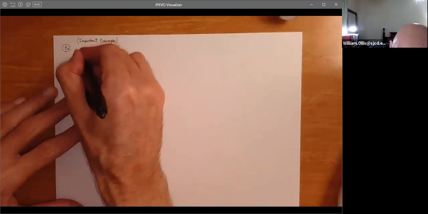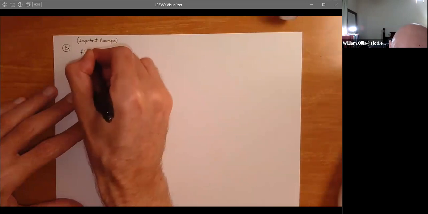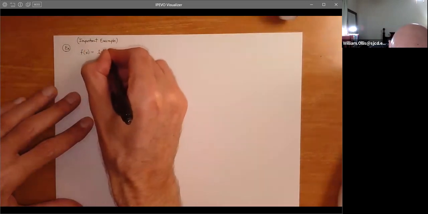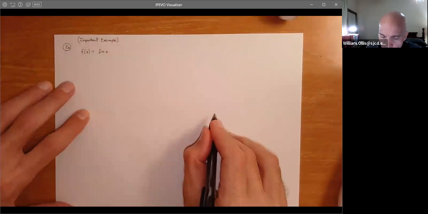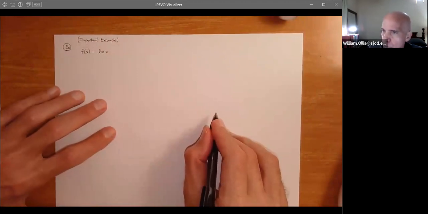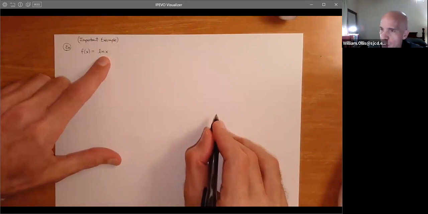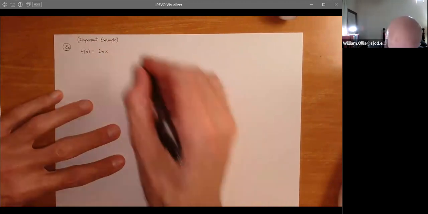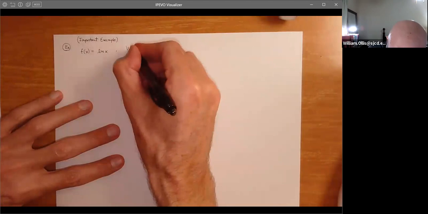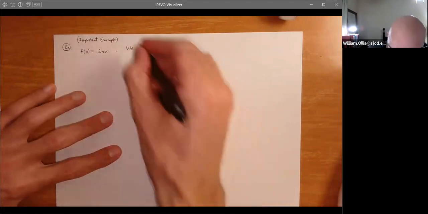So let's look at f of x equal the natural log of x. We know that the natural logarithm function is very useful, but it has its issues. This is only defined for positive real numbers. So we're going to write down what we know and rig this for geometric.